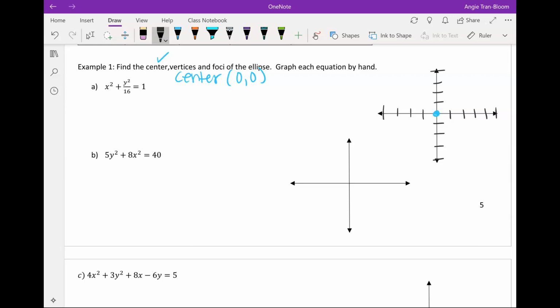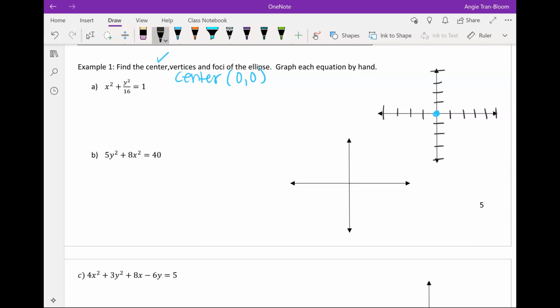Do we know, even before graphing it out, the position of this ellipse? Is it horizontal? Is it vertical? Vertical. How do you know? B can never be bigger than A. Is the A the major, y squared, which tells you that the major axis is parallel to the y?